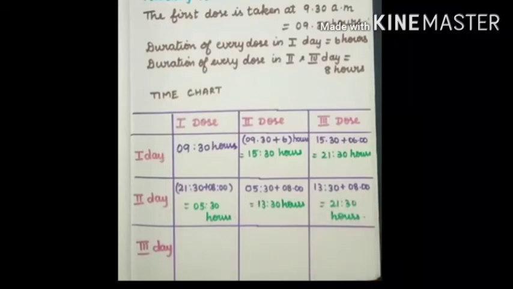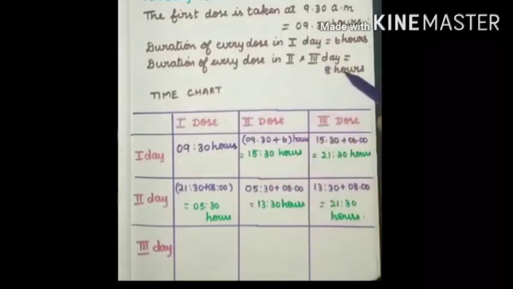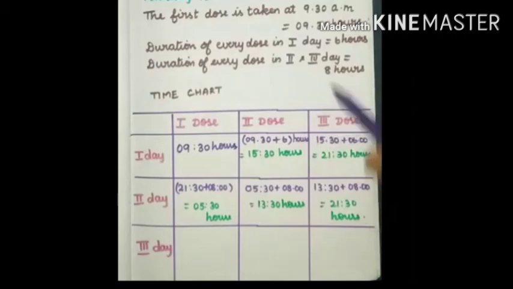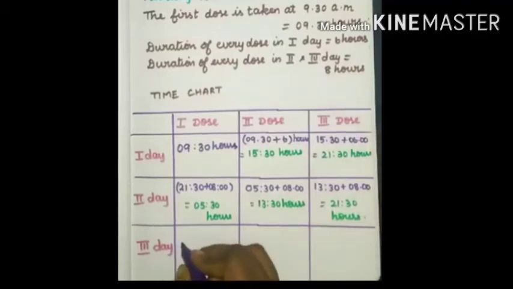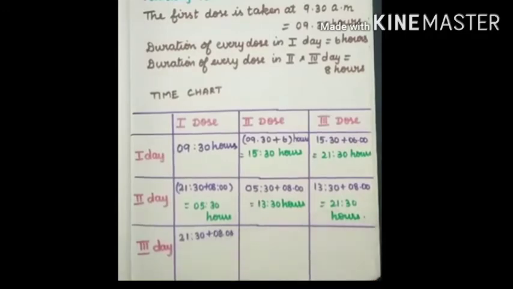To find the third day's first dose, what do you have to do? You have to add 8 hours again, because the duration of every dose on the second and third day is the same, 8 hours only. For the first day only, you add 6 hours; for the second and third day, you add 8 hours. So 21:30 hours plus 8 hours, again you will get the same time, 5:30 hours.